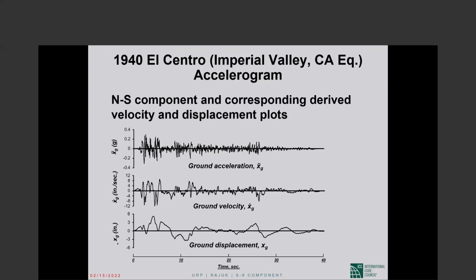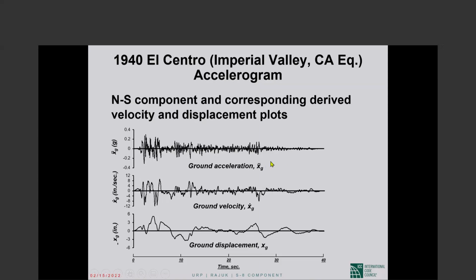The picture on the screen, which I have shown you earlier, is one of the earliest strong motion records. This is the record of the 1940 El Centro earthquake, the 1940 Imperial Valley earthquake, as recorded at the El Centro, California station.